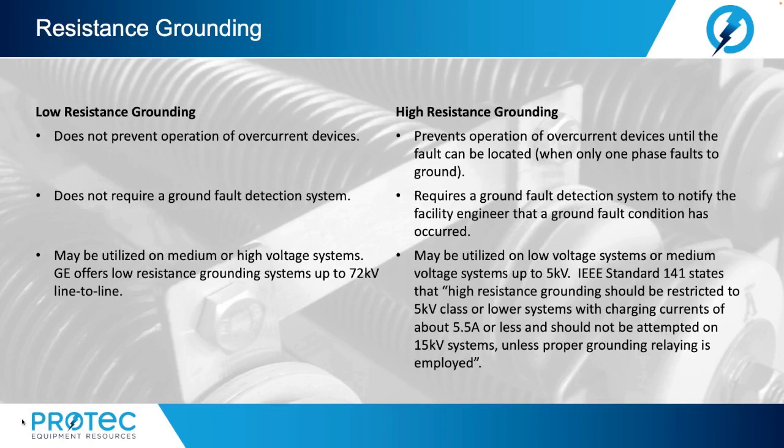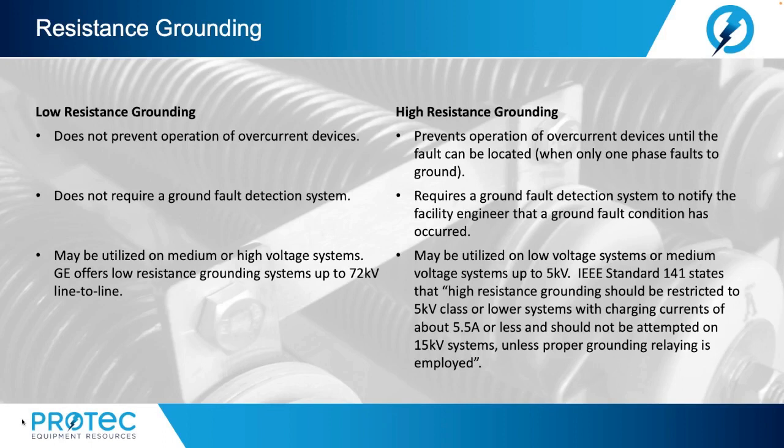In LRG, it does not prevent operation of overcurrent devices. In HRG, it prevents operation of overcurrent devices until the fault can be located, when only one phase faults to ground. In LRG, it does not require a ground fault detection system.